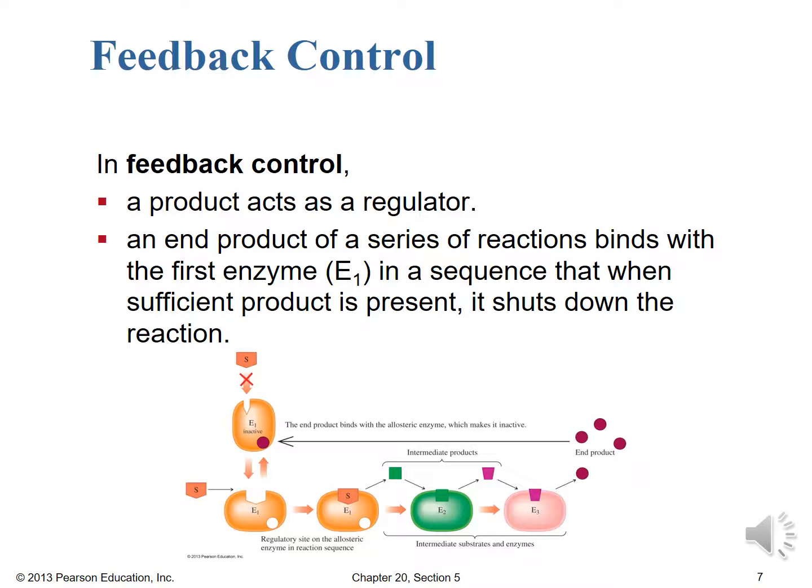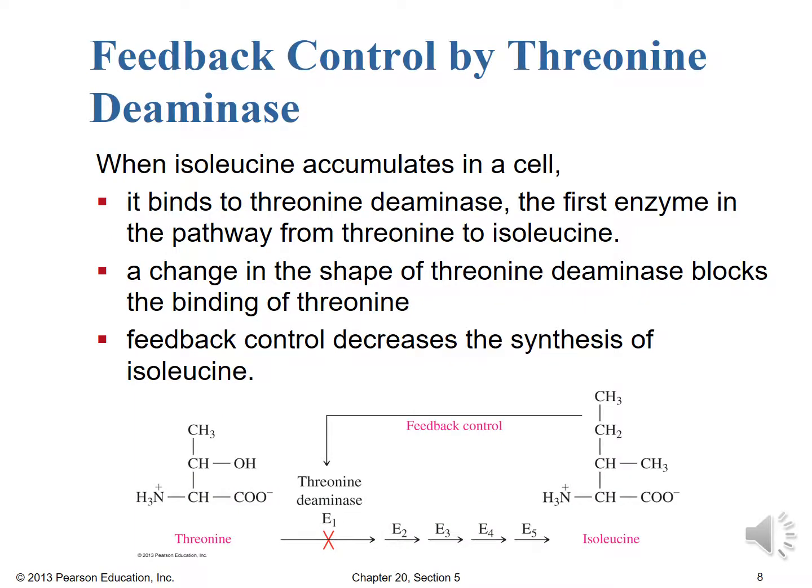And if we do this reversibly, then if the end product levels drop to the point where they're coming off of that allosteric site, the enzyme's active again and it can make more product. It's really a neat biological equivalent of the old thermostats, which would be an example of a feedback control in a non-biological system.